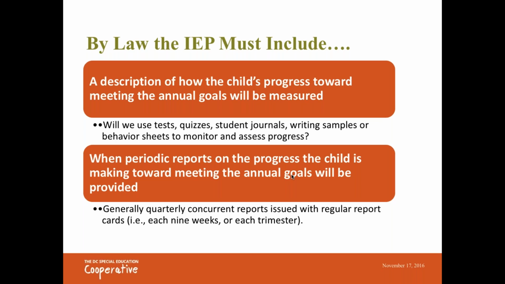So usually what we see is that these reports go out when report cards go out. Most schools operate on a quarterly basis, but some schools operate on a trimester. As long as this reporting is occurring at the same time and at the same rate as the gen ed reporting gets reported to families, then that is perfectly okay.